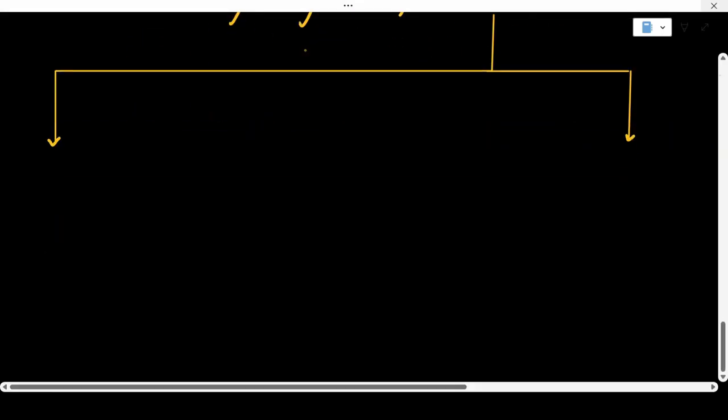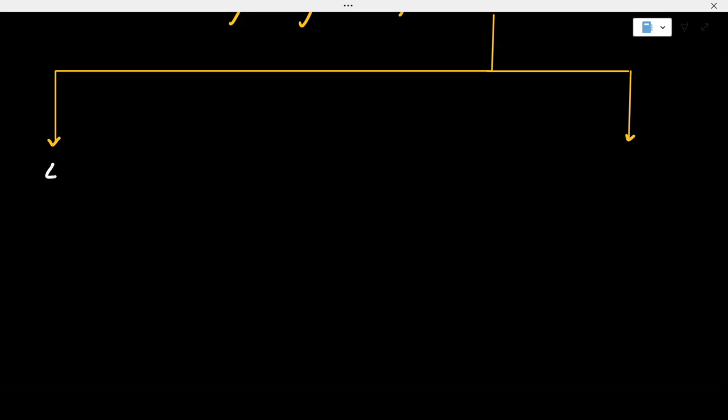So like I said, the collision could be elastic or the collision could be inelastic. How do we define elastic? It can be defined by these two pointers. There are two ways we can check if the collision is elastic or not.